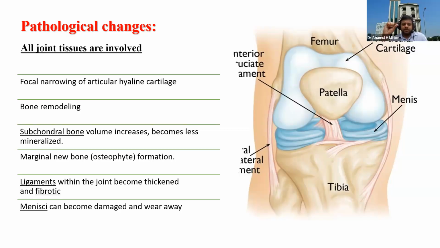And when the joint space is narrowing, that causes ligament changes, and between the two joint surfaces there is a very important part, the meniscus, which bulges out from the line. So all these mechanisms happen inside the joint when there are degenerative changes.